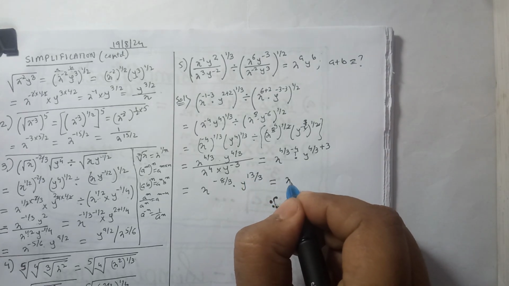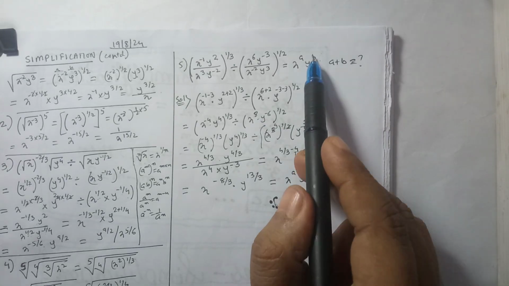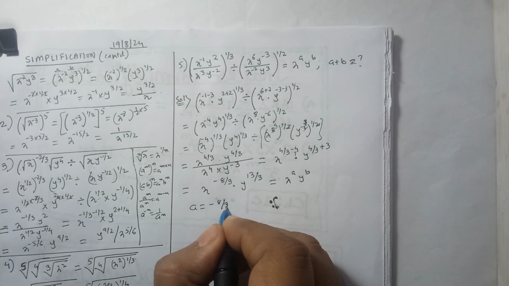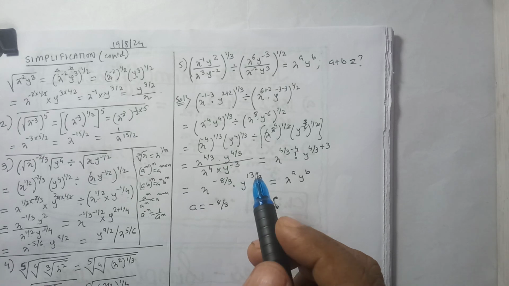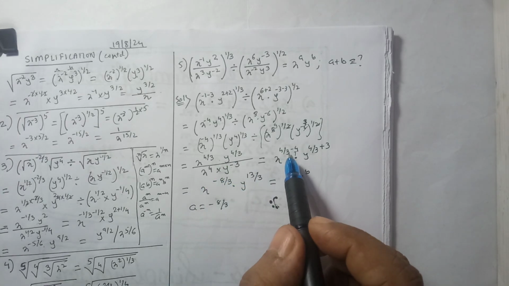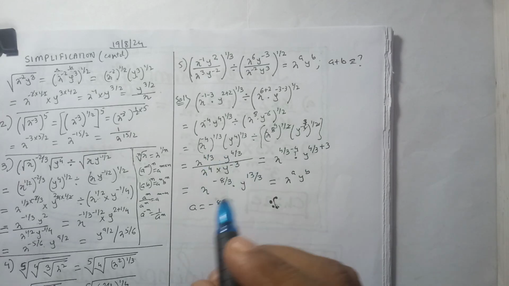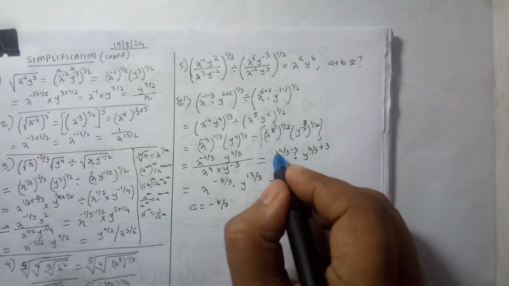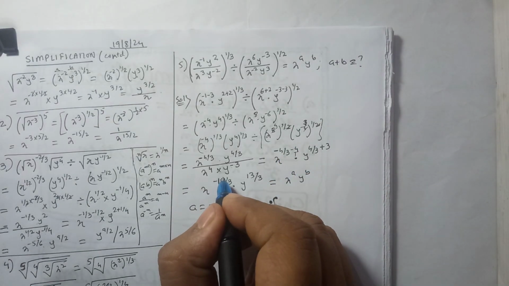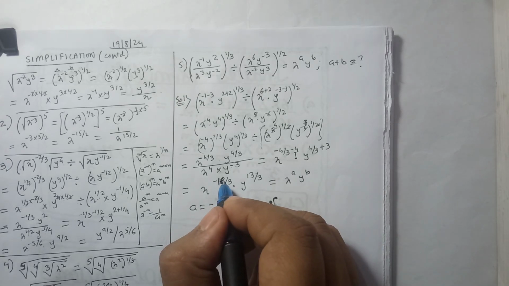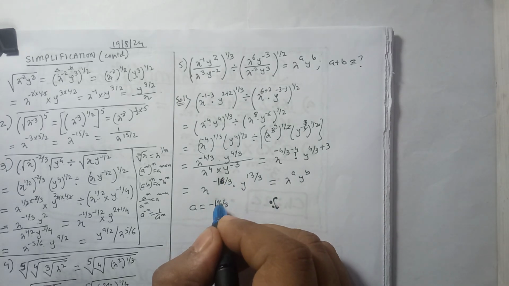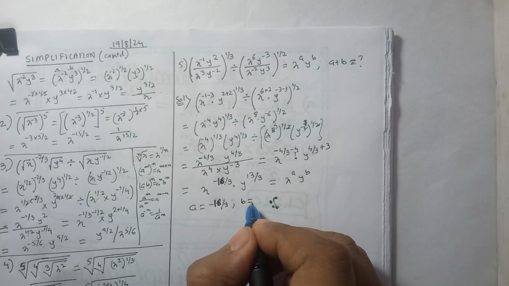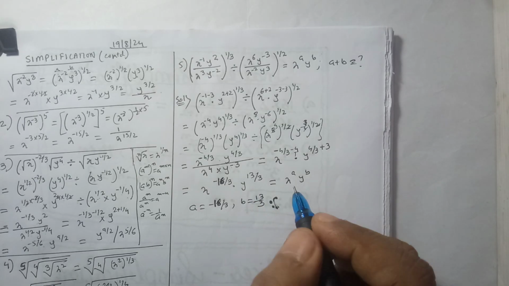So this is equal to x to the power of a into y to the power of b on the right hand side as per the question. So a is equal to minus 16 by 3, sorry, my mistake students, 16, and b is equal to 13 by 3.